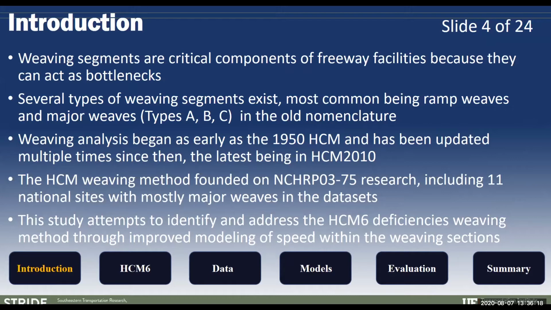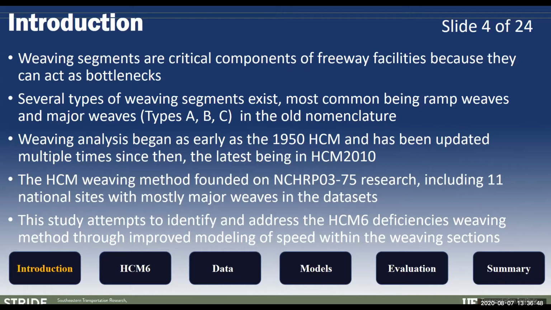The weaving analysis began way back 70 years ago in the very first HCM, 1950, and has been updated ever since, with the current version really developed as part of the HCM 2010. The actual research leading to that latest method was done under NCHRP 3-75, and that research included 11 national sites.